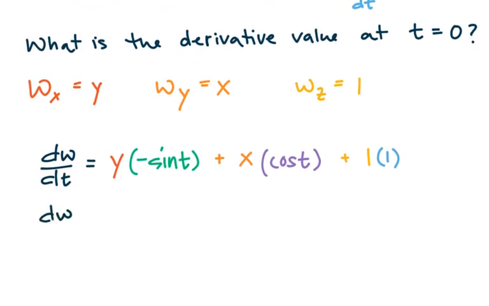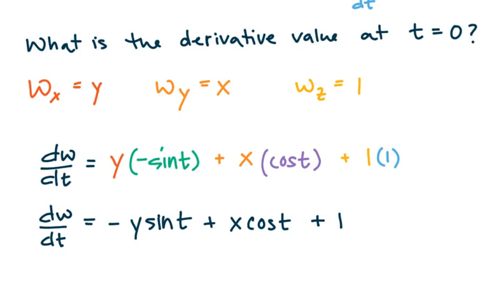So simplifying that, dw/dt is negative y sine t plus x cosine t plus 1.